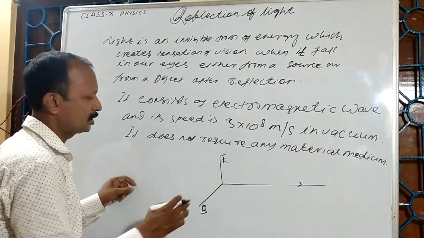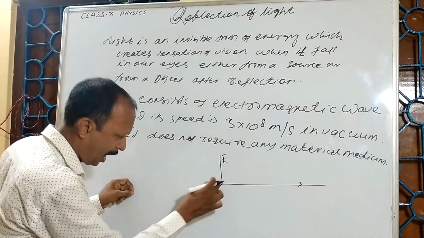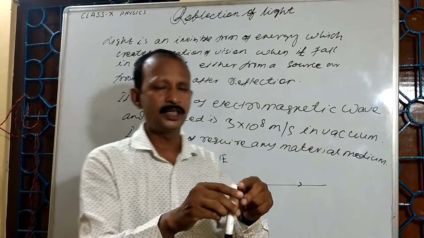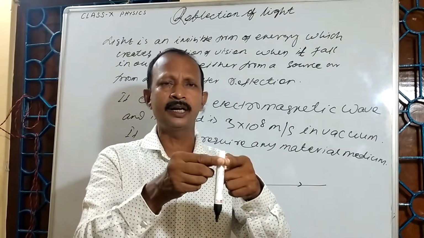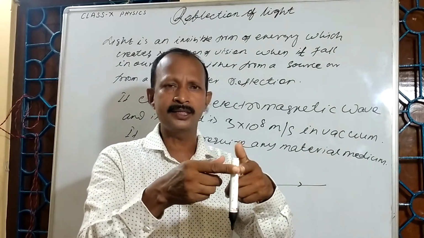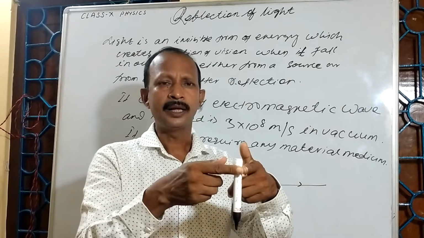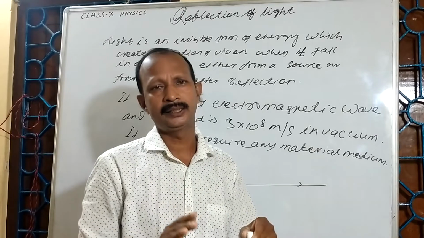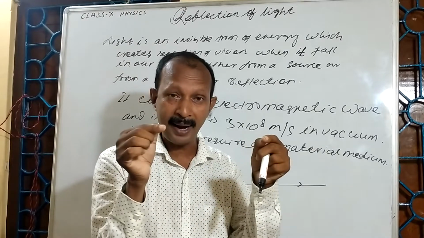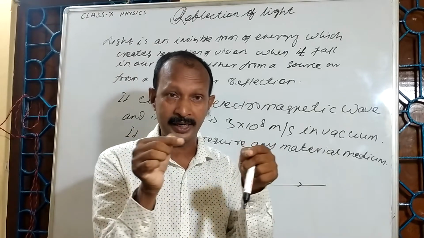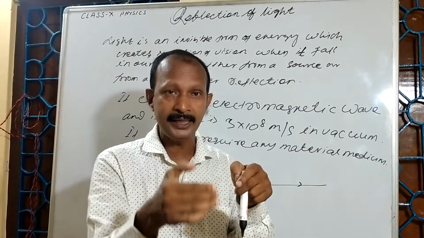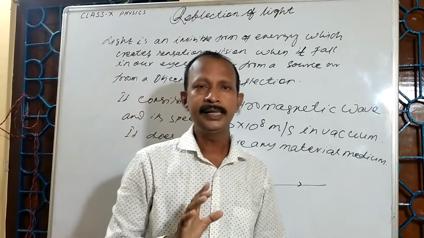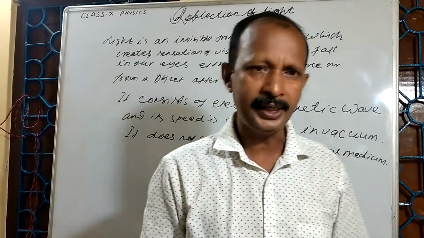So light consists of oscillating electric and magnetic fields perpendicular to each other, like this. These two fingers represent the electric field and magnetic field, whereas the marker represents the direction of the light. That means when the electric and magnetic fields oscillate perpendicularly, due to that the light moves forward. So we say it is an electromagnetic wave.